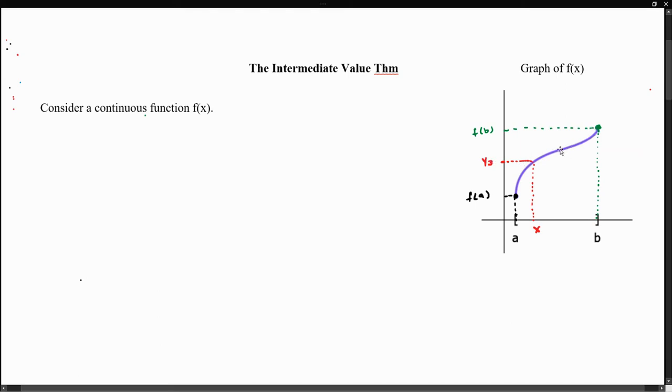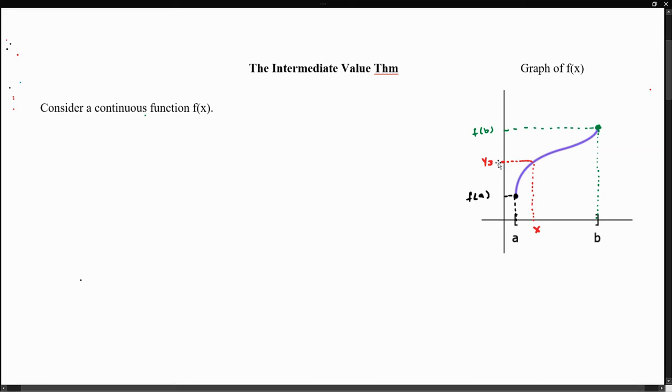Again, here we have a continuous function defined on the x values between a and b, and the y values between f of a and f of b. The theorem says that for any y value between the two known y values, I can find an x value between a and b that gives me that y value, which we call y3.